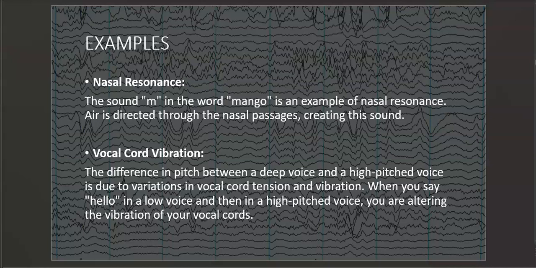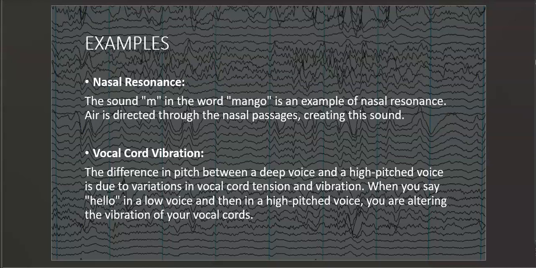So vocal cords help us shape the meaning of the words we are talking about or how we want to pass information. For example, you're sad in the morning and someone is saying hello to you. You will say something like hello, very low, okay? And if you're very happy and the day is a jovial day for you, you will be loud and say words like hello. So you notice there's some change, or you're altering your variation.